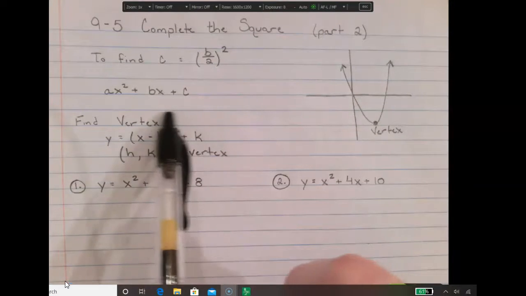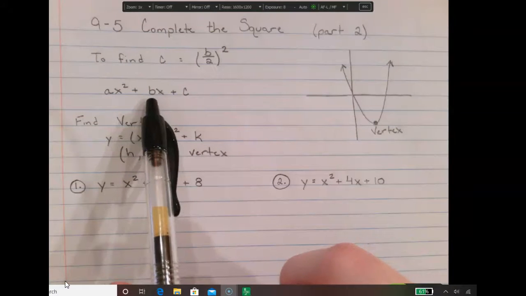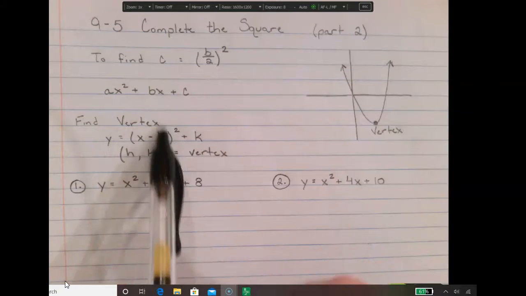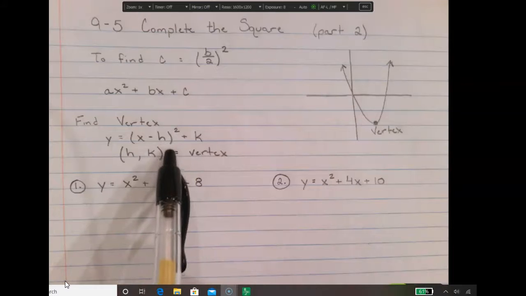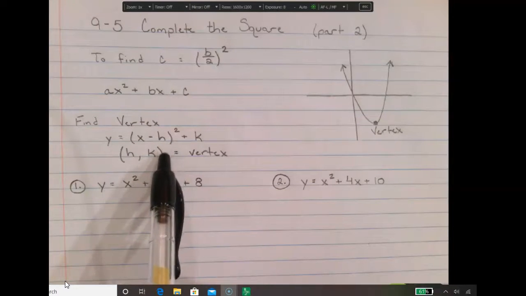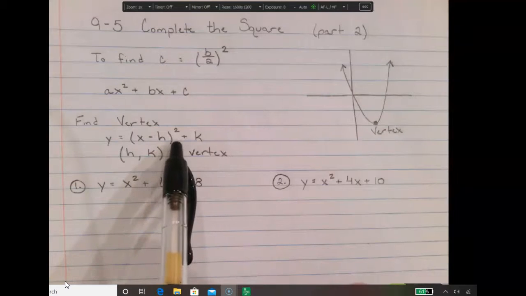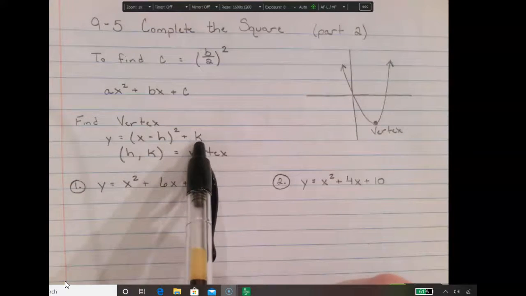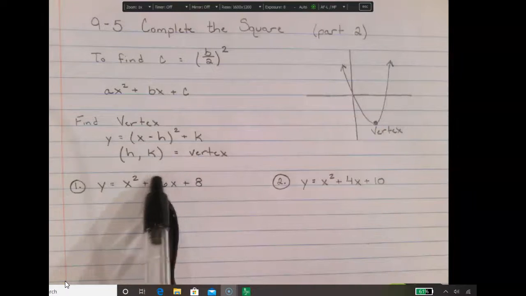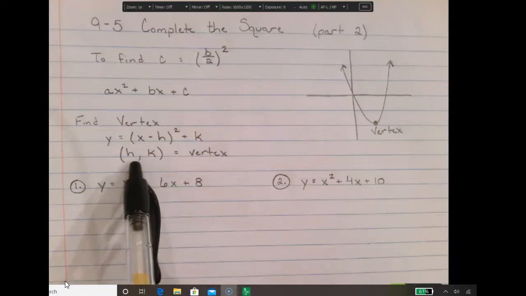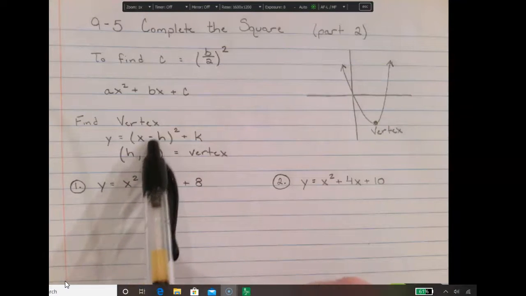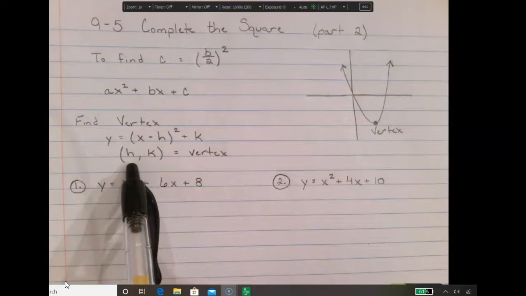So we're going to take things that are in this standard form, and we're going to rearrange them to where they look like this equation, y equals x minus h squared plus k. What this means is, whatever value we get for h, that's almost like the x value in an ordered pair.